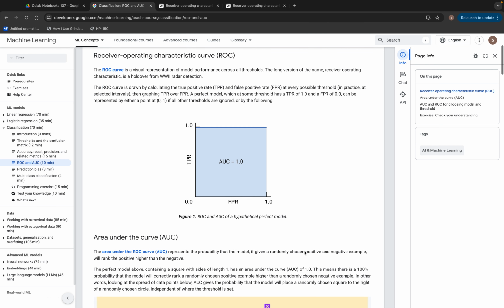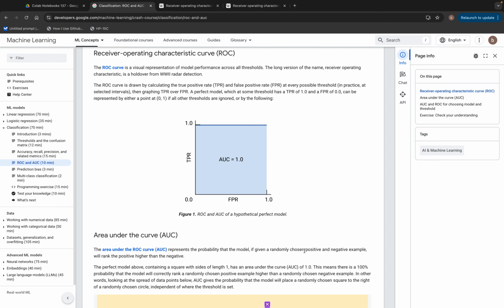Now, the typical way you'll see one of these ROC curves is plotted with the TPR, the true positive rate, on the vertical axis and the false positive rate on the horizontal axis.